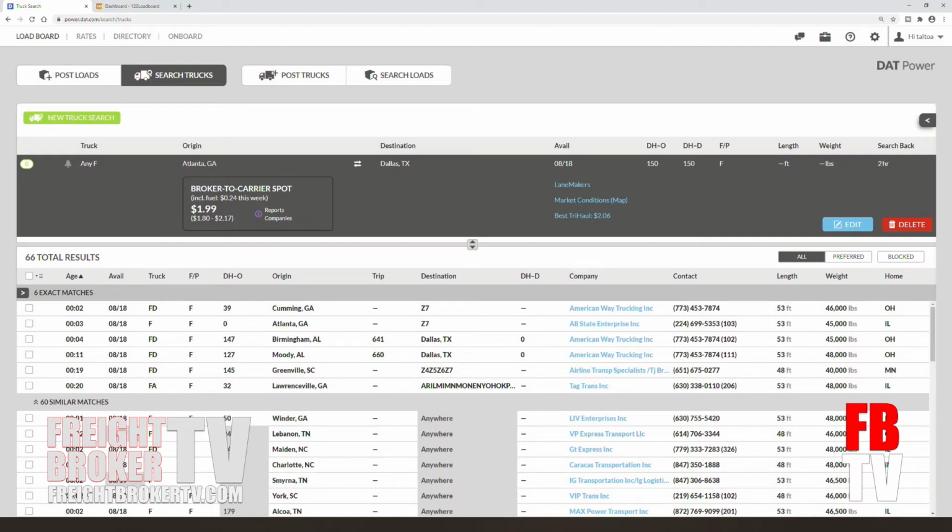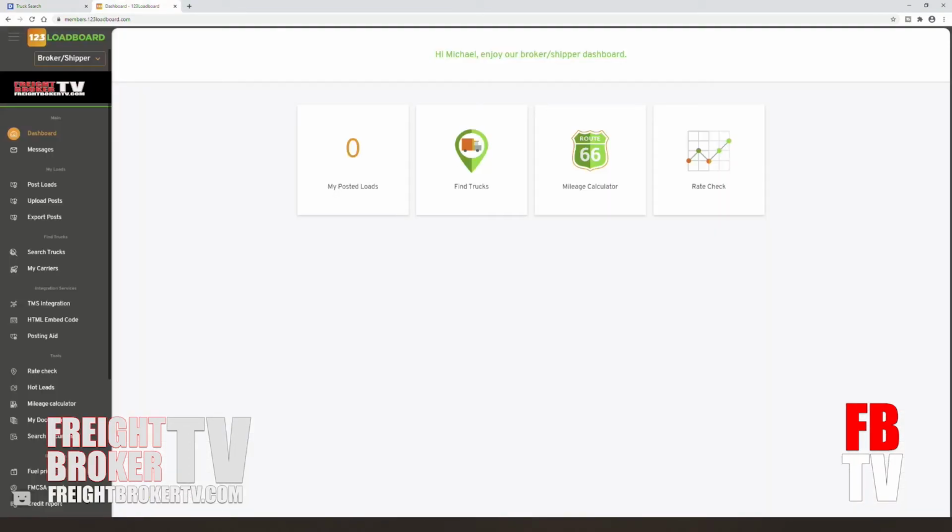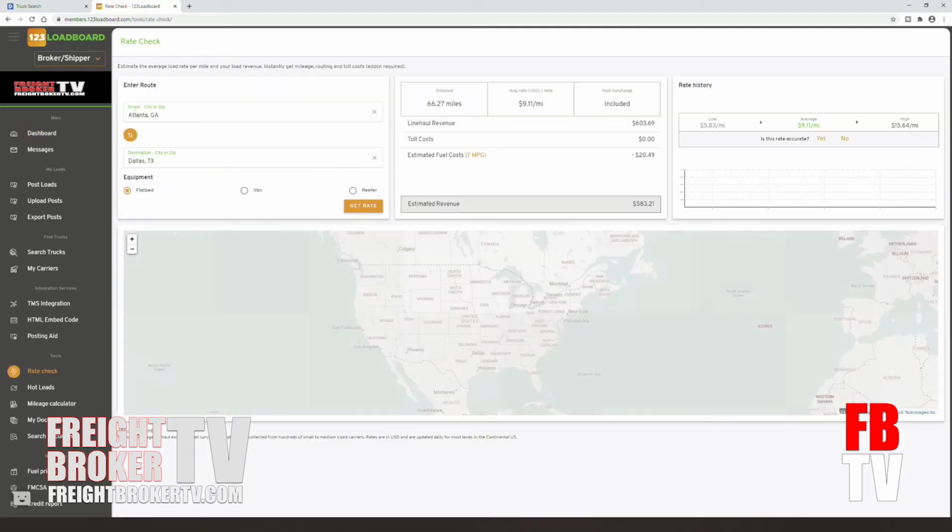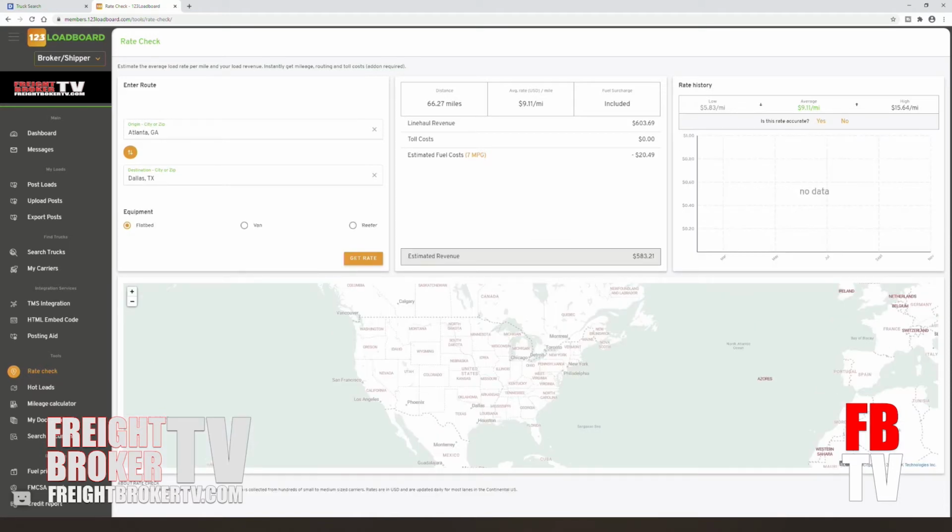That's the spot rate using the DAT load board. But why is the rate different if you're using a different load board? To prove my point, let's go over here to 123 Load Board. Here we click the rate check, and we've got Dallas in here already. That is wrong.